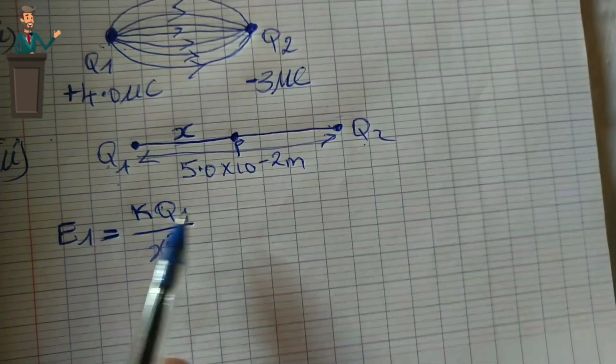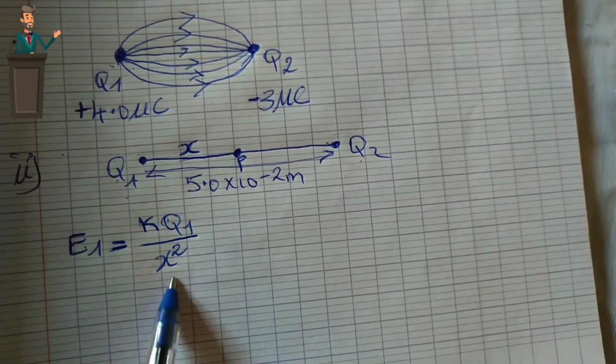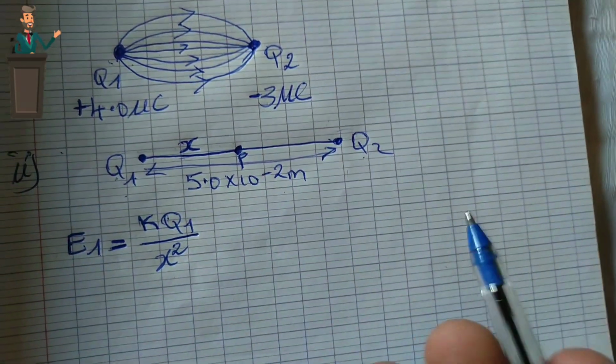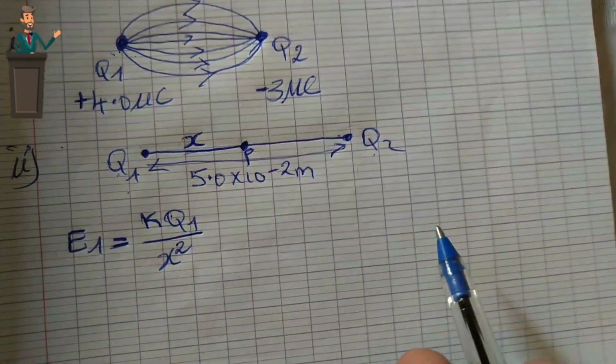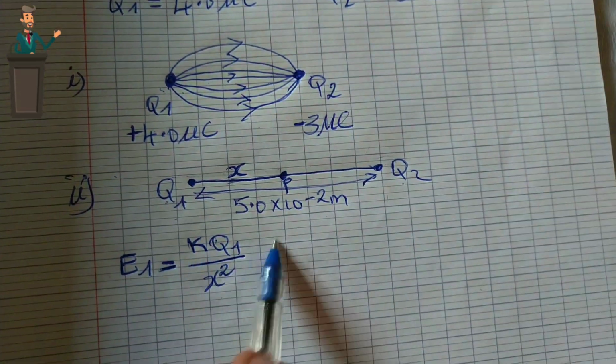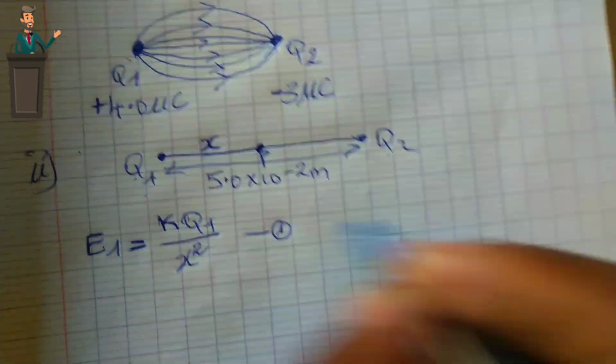We are following the formula: electric field strength is given by KQ over R squared, where R is the distance between the charges. So we have E1 as KQ1 on x squared, and let us name this equation 1.